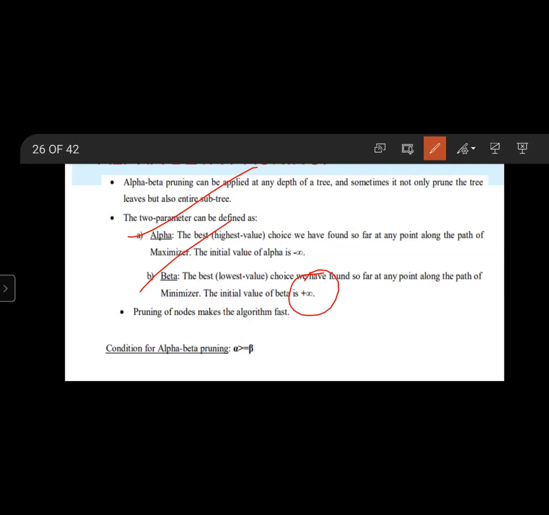The initial value of beta is plus infinity. Pruning of nodes makes the algorithm fast. And next important point, the condition for alpha beta pruning: alpha greater than or equal to beta.